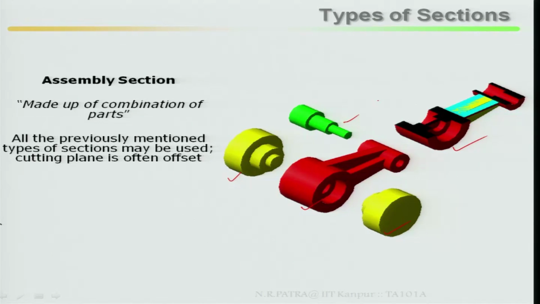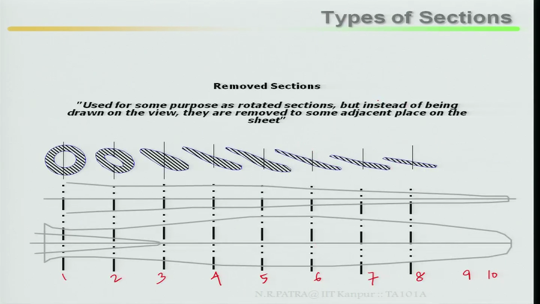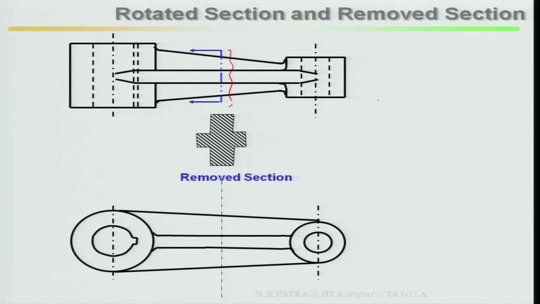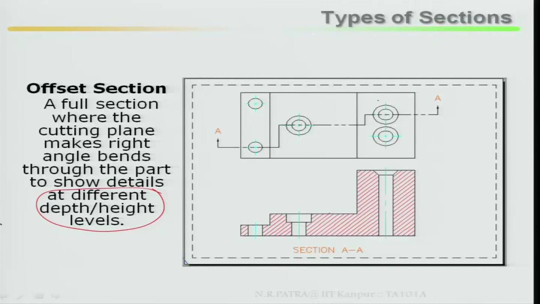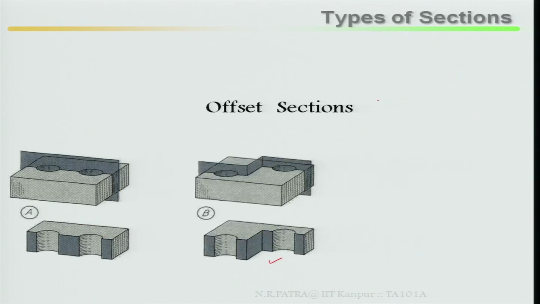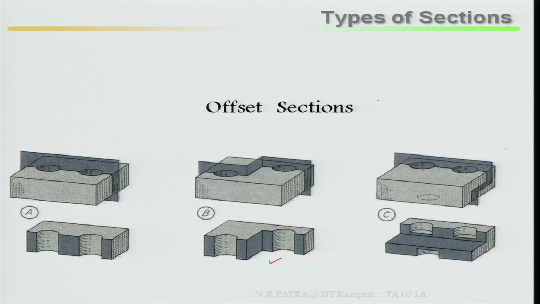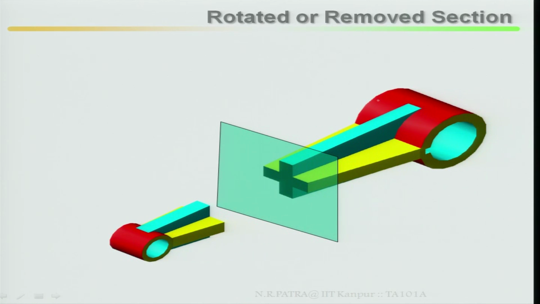So, how many types of sectioning are there now? First one is your full section, second is your half section. Then offset section, then rotated or removed sections.